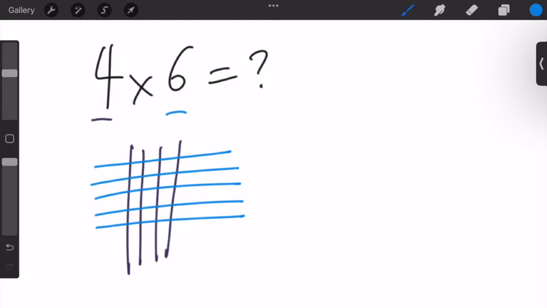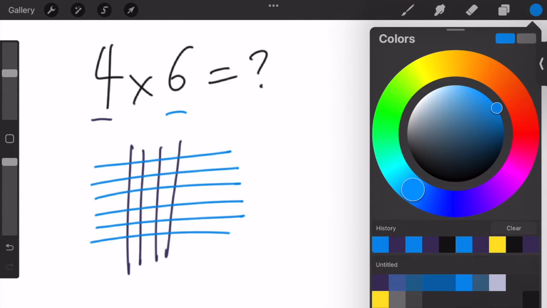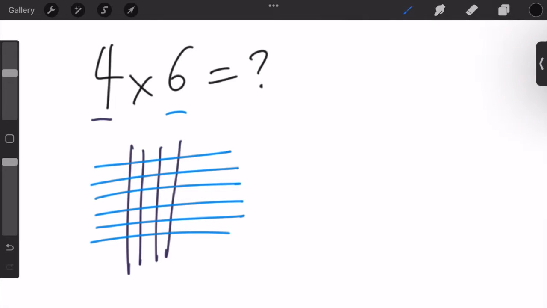And then we just want to find the number of dots, and that will give us our answer. Alright, so here is our final answer. We have 24 crosses, essentially. That means 4 times 6 equals 24.